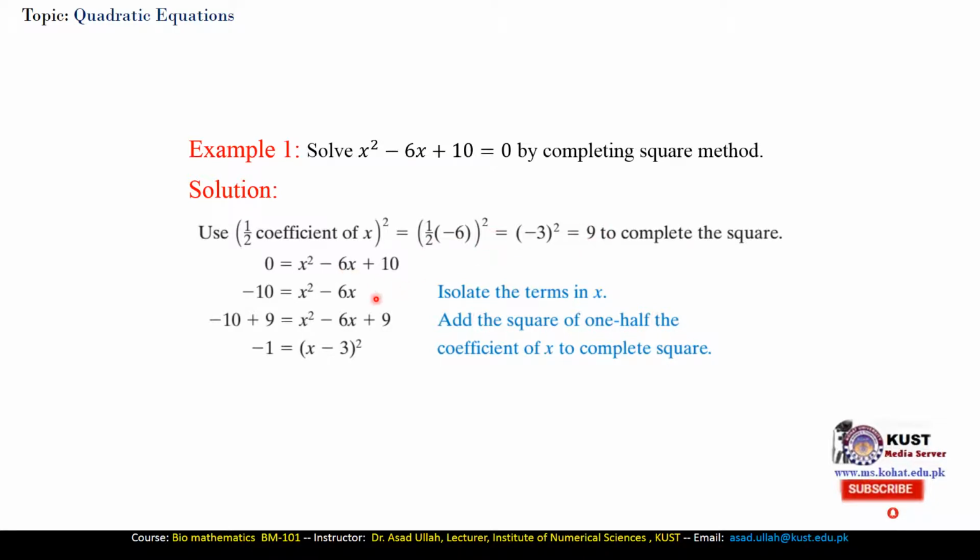Now separating the variables, we get x square minus 6x is equal to minus 10. Now adding 9 on both sides of this equation, we get x square minus 6x plus 9 is equal to minus 10 plus 9. After simplification, we get minus 1 is equal to (x minus 3) whole square. This left hand side x square minus 6x plus 9 is a complete square.